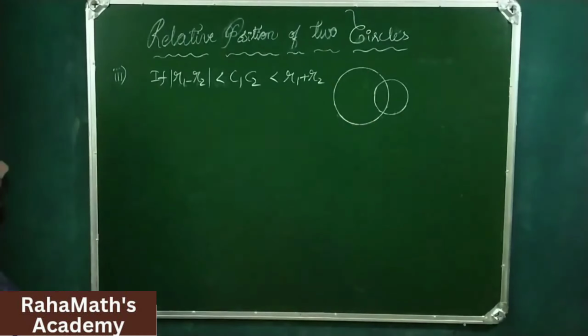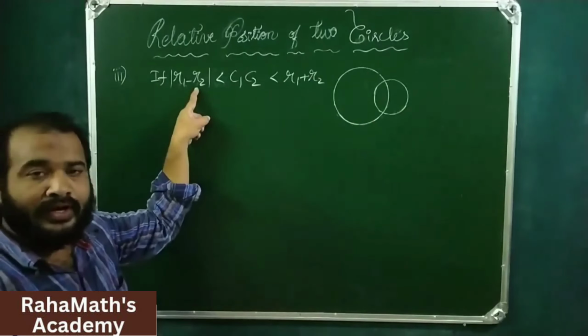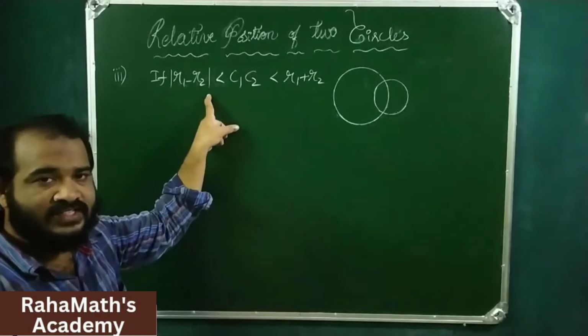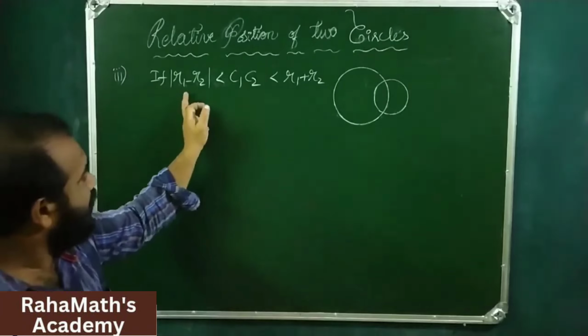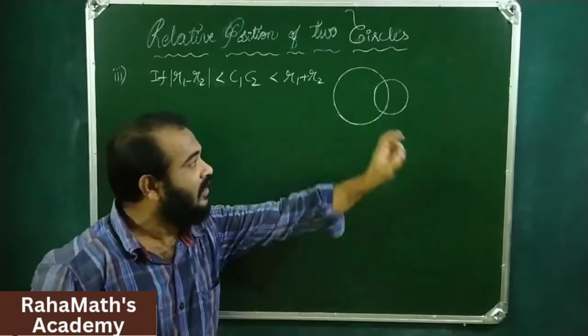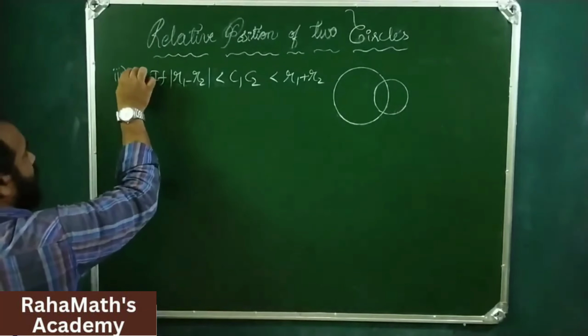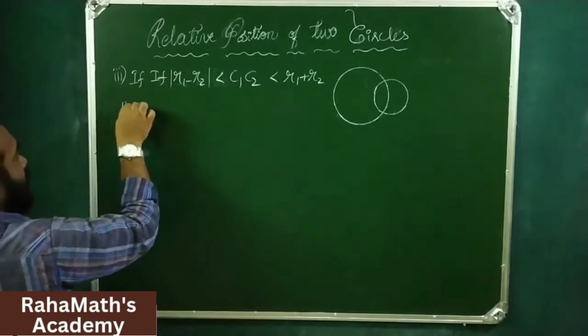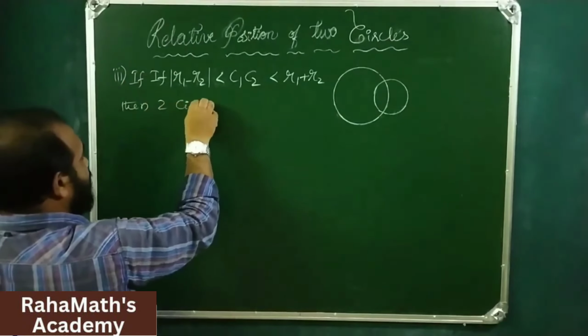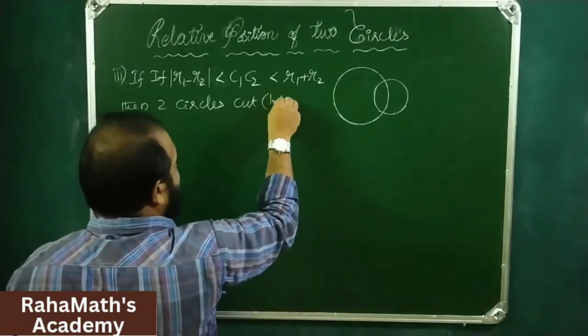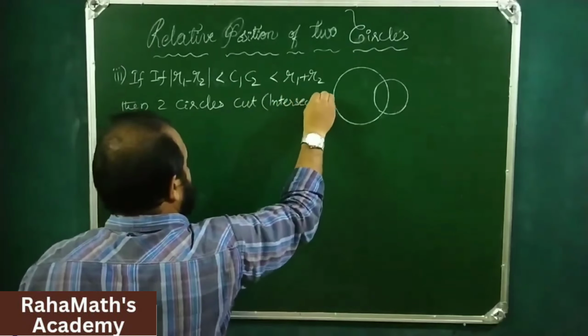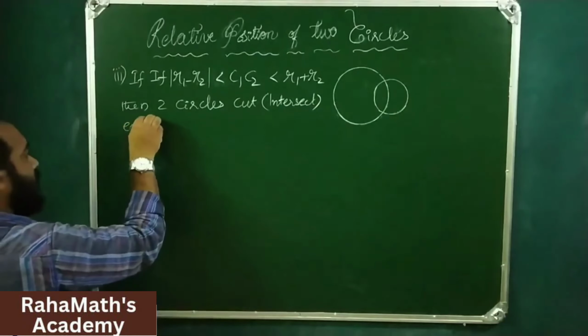So why R1 minus R2? It could be R2 minus R1 as well. So if the condition is this, then the two circles cut or intersect each other.